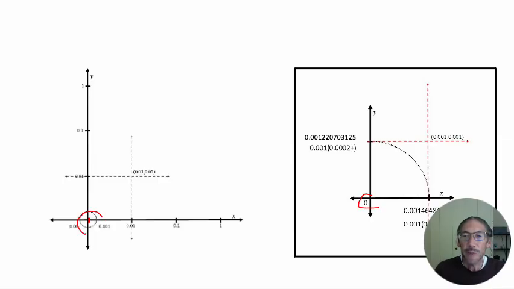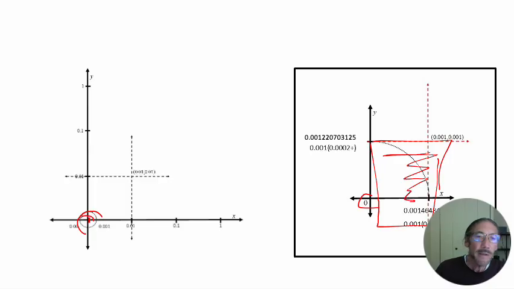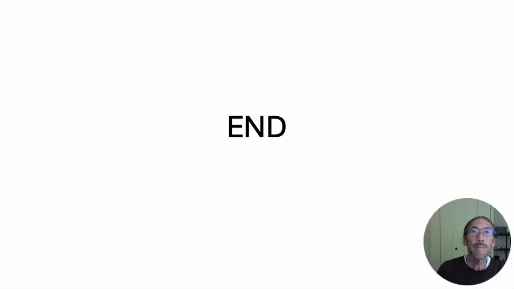And here you see the red. Here is basically this block here. This block in here is this block here. And this is still the y and the x-axis. The end.